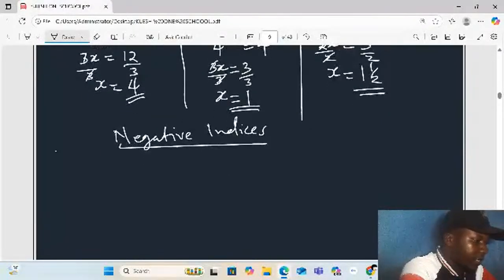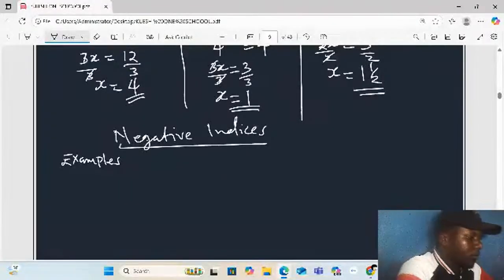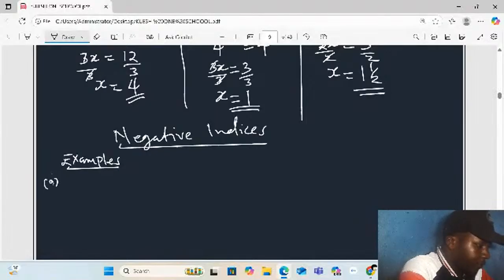We can have our example 1. So we have a, 2 power 3, then we multiply by 2 power negative 3.